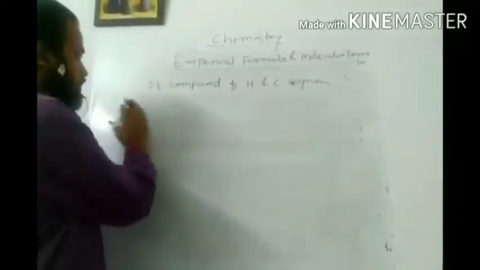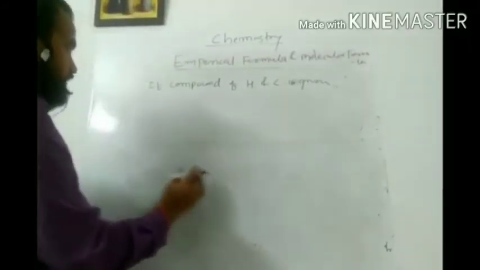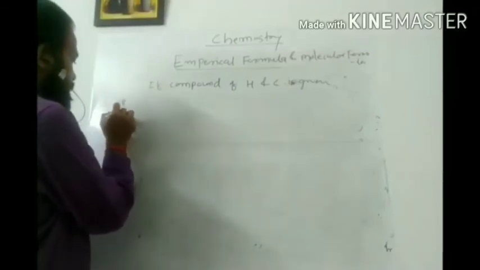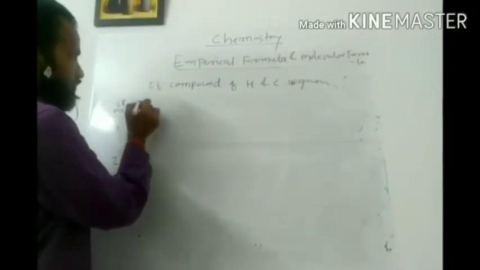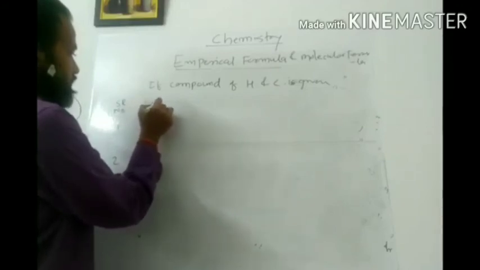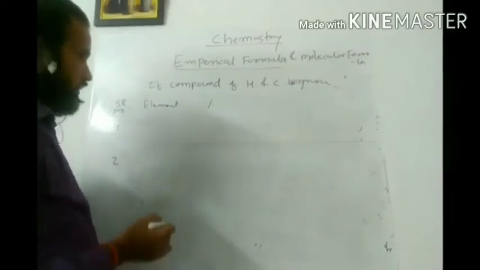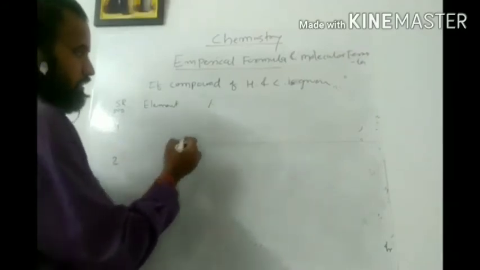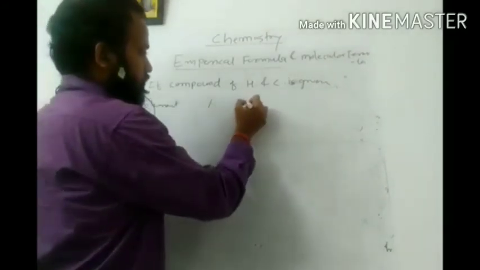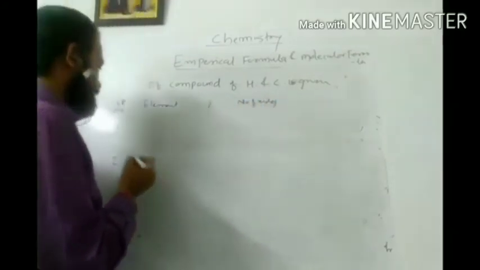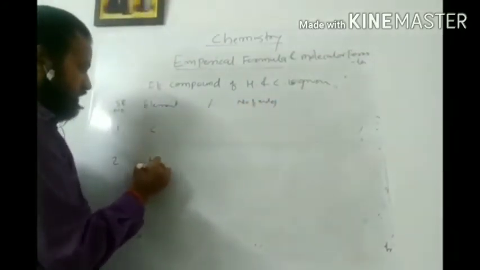First we have to make a table. The first column is by default the serial number, 1 and 2. Then we write down the element. In the third column we write down the percentage. Then we have to calculate the number of moles. Here carbon and hydrogen are there.